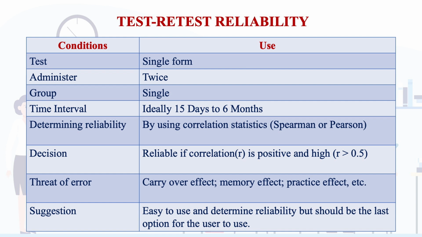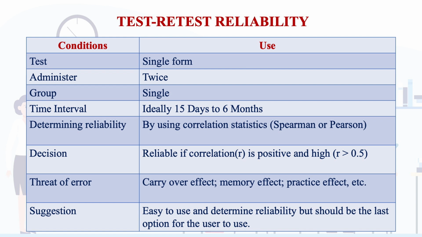The decision of reliability is: it is reliable if the correlation coefficient, or r, is positive and high. That means r is greater than 0.5. If the coefficient of correlation is 0.5, then you can say that the test that has been developed is a reliable test.